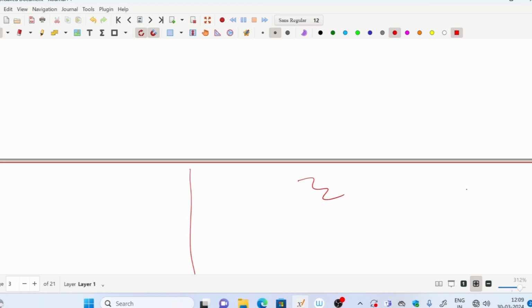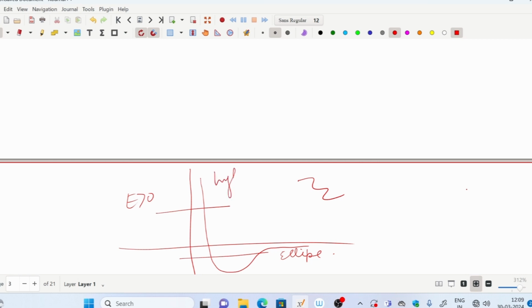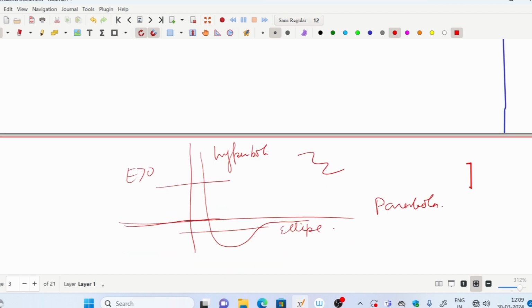So let me draw this, because this pen was not working. This is for the ellipse, this is for E greater than 0, hyperbola, E equal to 0, parabola, and E less than 0, ellipse.